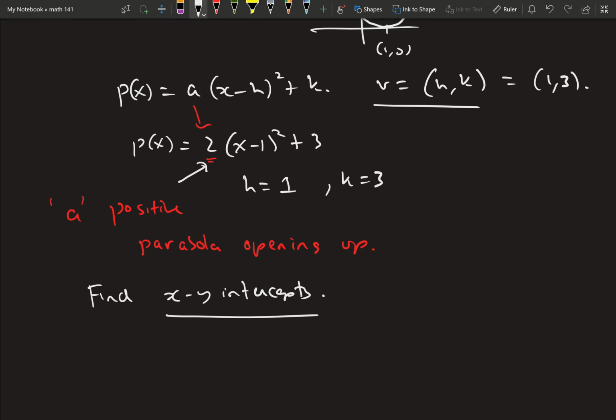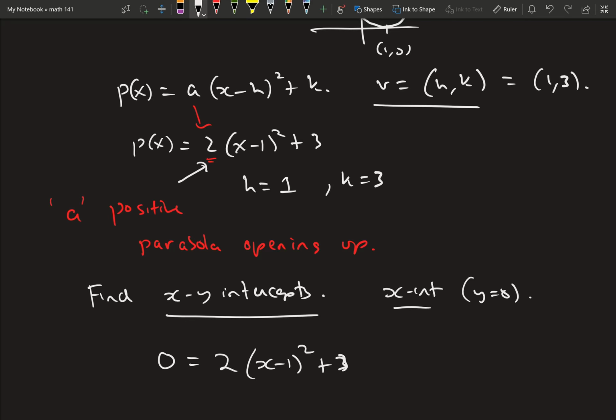So how do we find an x and y intercept? Well, remember that an x-intercept is found by setting y equal to 0. So the y value being 0 is the same as having 2 times x minus 1 squared plus 3.